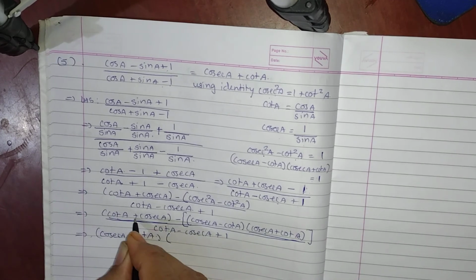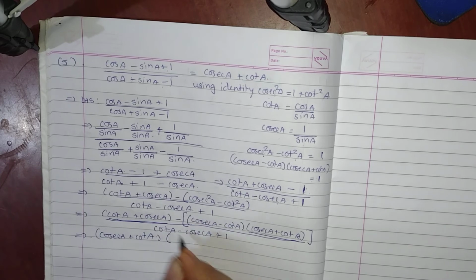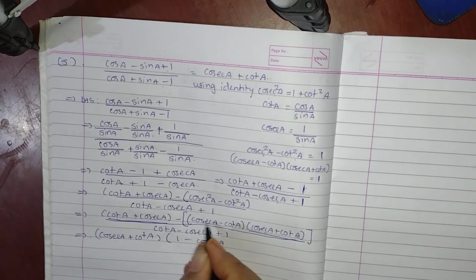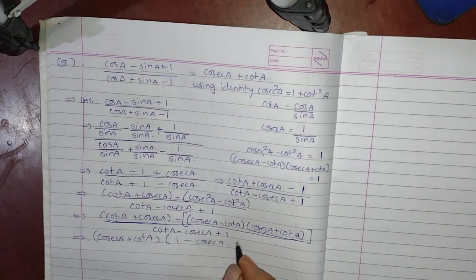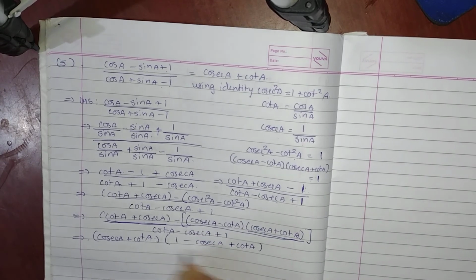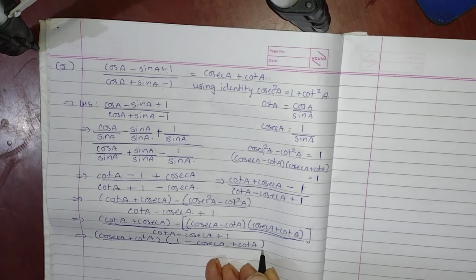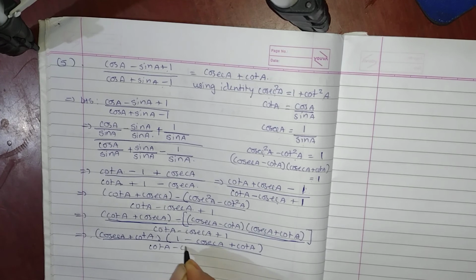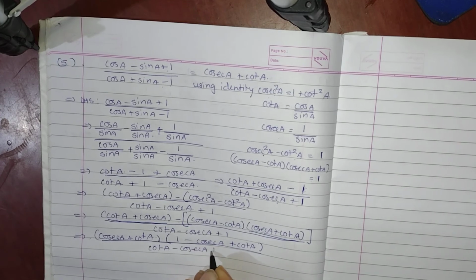Now when taking out the common factor, it will remain 1, so 1 minus cosec A, and opening the bracket, minus minus becomes plus, plus cot A, upon the same denominator, cot A minus cosec A plus 1.